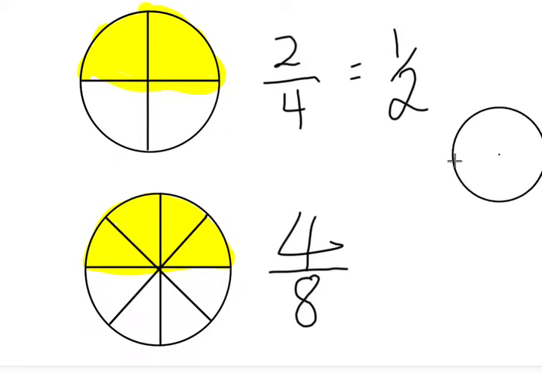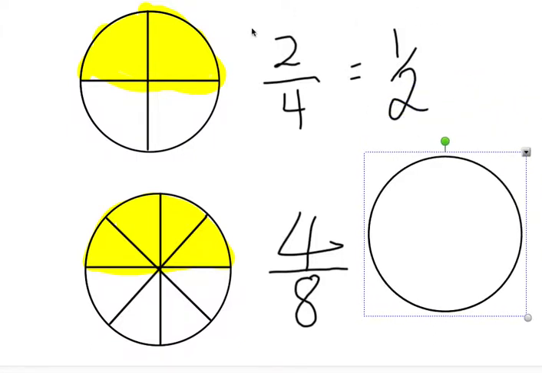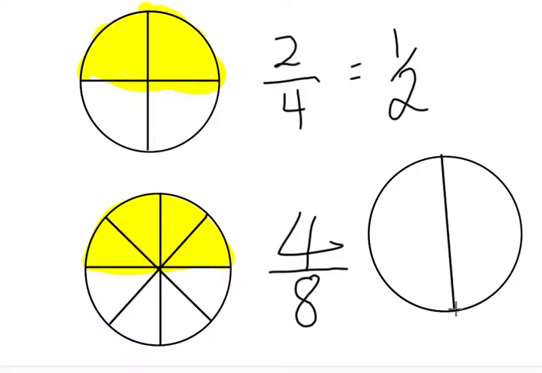And over here I will create that 1/2. Oh, wait a second, let's do it this way. So here I have this section of my circle shaded again. And how many pieces of the circle are there altogether?